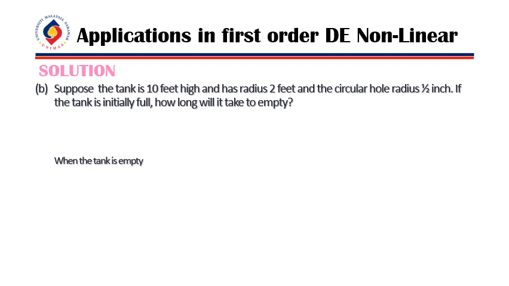Then you substitute: 0 is equal to 4 pi square root of 10 minus pi over 144 t, over 4 pi squared. Where did I get 144 here?